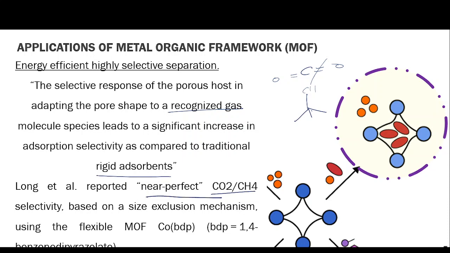But they have designed a MOF with cobalt and a benzene bipyrazolate organic linker, and these are flexible in nature, and this is a flexible MOF. That is why it is called a 4D MOF. So it helps in the good separation of carbon dioxide and methane. This is a very important thing when someone is converting carbon dioxide to methane.